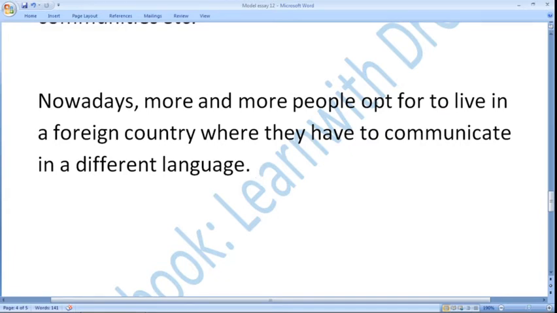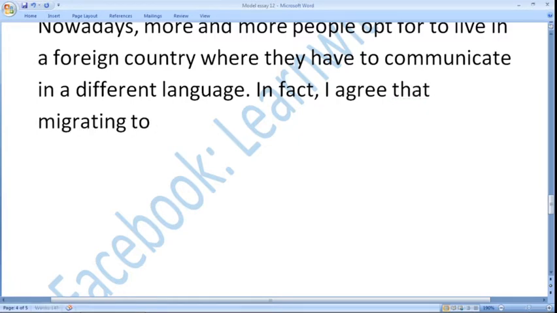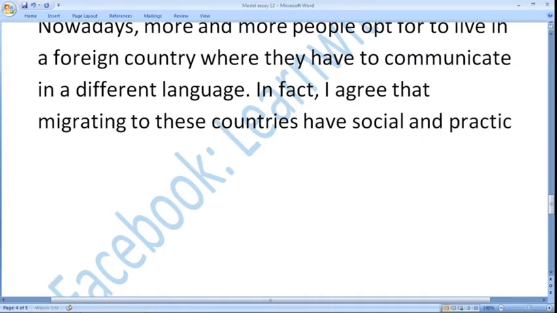Then I would go for my opinion, and I could paraphrase the rest of the question here also. In fact, I agree that migrating to these countries has social and practical problems.